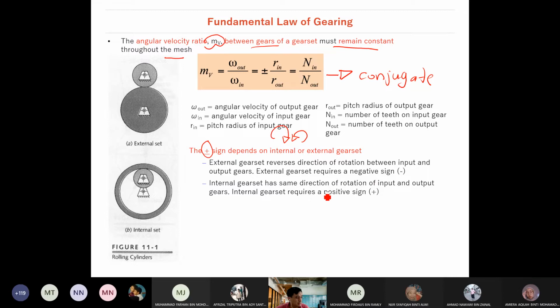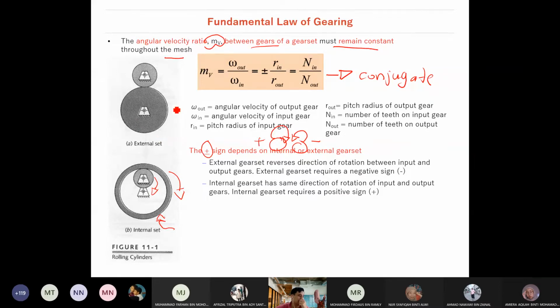Kalau ada same rotation, biasanya kita ada positive sign lah. Kalau macam this external gear set, confirm lah one is positive, one is negative. That is to show you the direction. Macam ni, this internal set, if this turns in this direction, yang ni pun pusing the same direction. Ini external set, this is internal set. Type of gear juga lah.